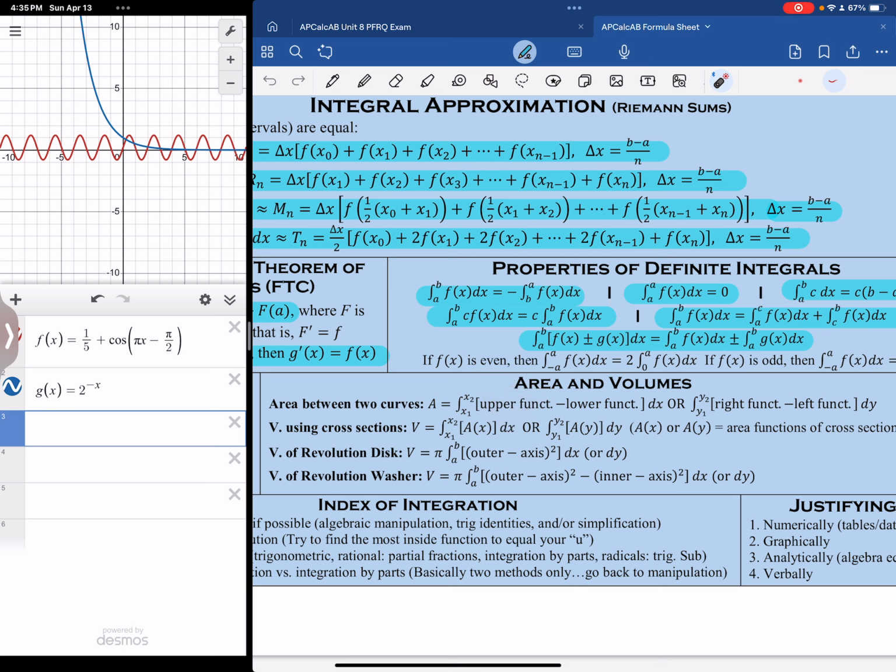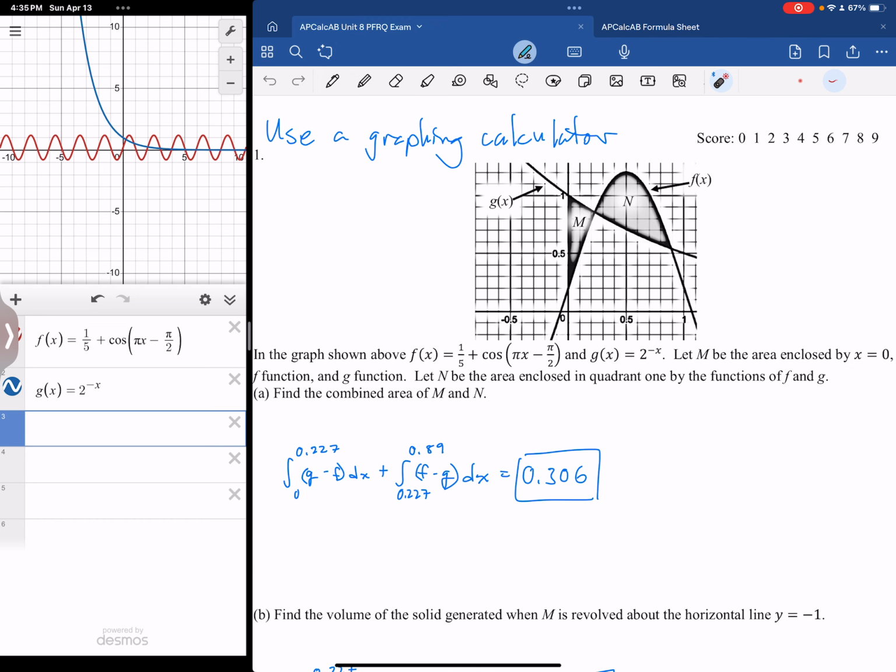Now, how do you know which one's the upper, which one's the lower? Sometimes you don't have a graphing calculator or a picture that tells you. And if you don't know, that just means you're going to get a negative area. And if you get a negative area, just make it positive and your answer is correct. Another thing to be careful about, now this one shows us a picture.